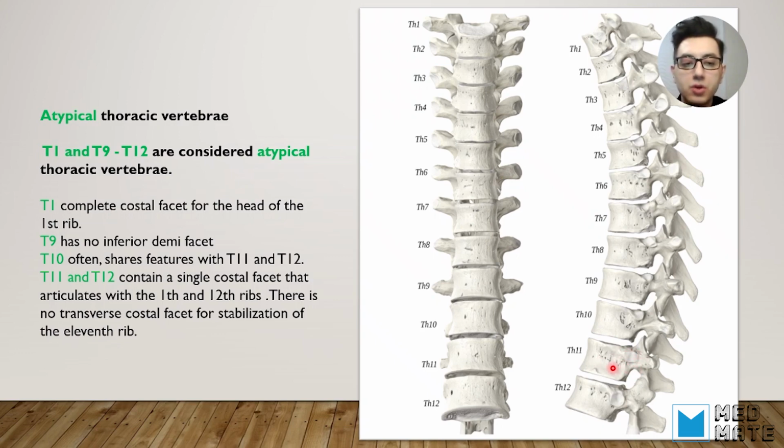And there is also no transverse costal facet in T12 and T11. So you can see that there is no costal facet or transverse costal facet for T11 and T12.